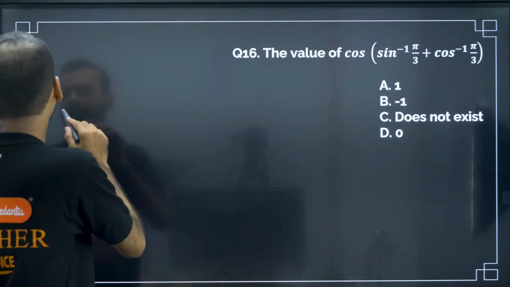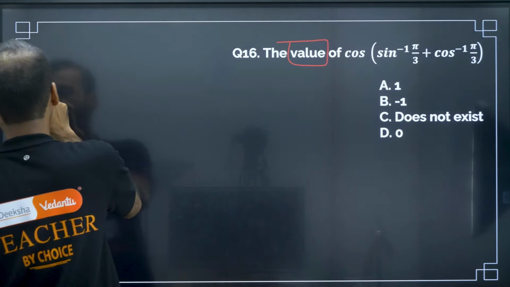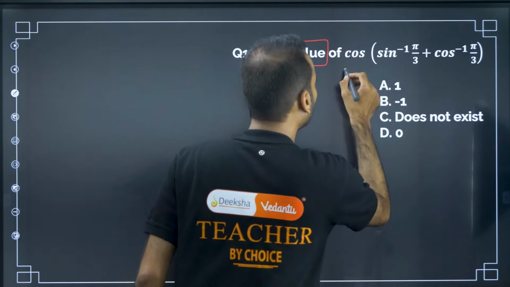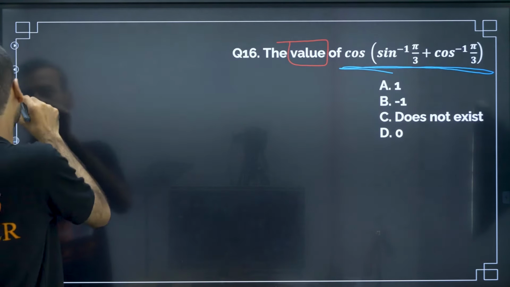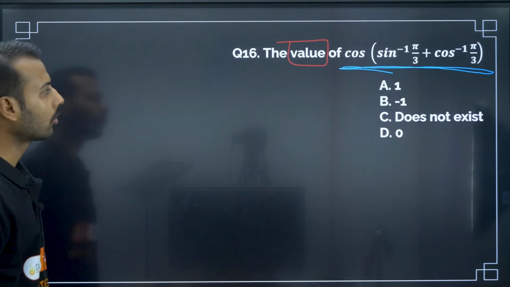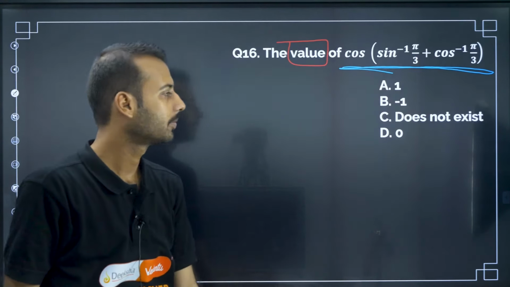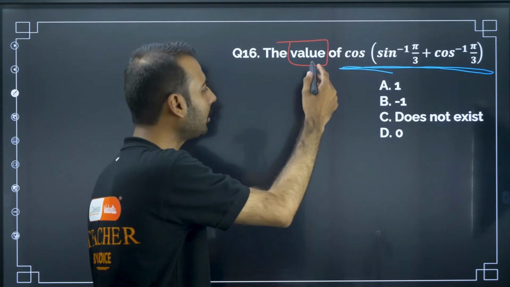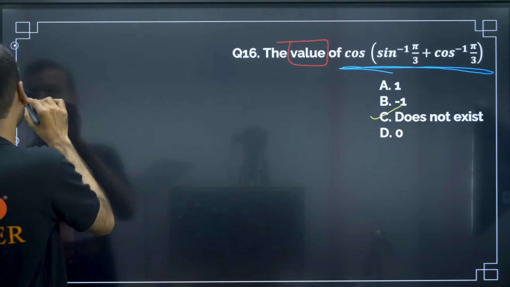The value of, next question, the value of one expression they have given. What is that expression? Cos of sine inverse pi by 3 plus sine cos inverse. The moment you see this, you should say the answer does not exist. Why does the answer not exist?